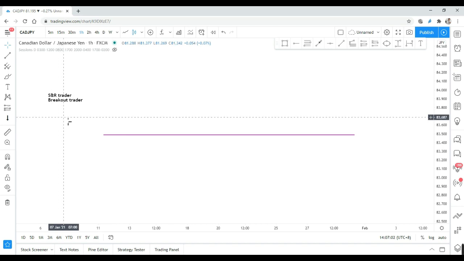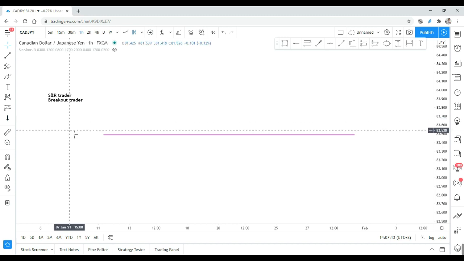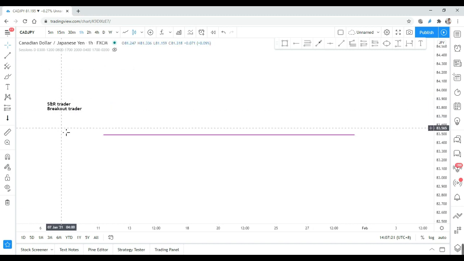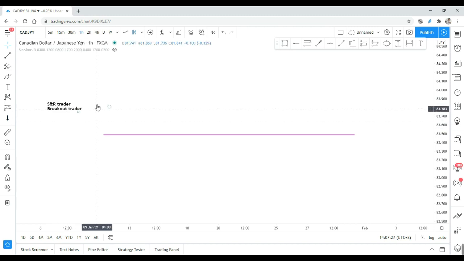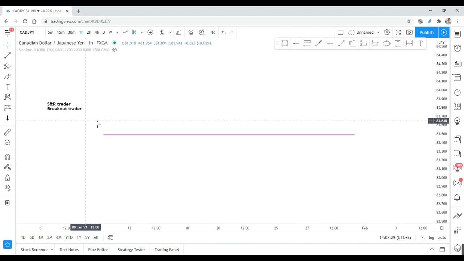Now, as you know, we in supply and demand follow the big players, or what we call the institutional traders, their footsteps. In order to fill their orders, the institutional traders, the big banks, need to trap these kinds of traders.